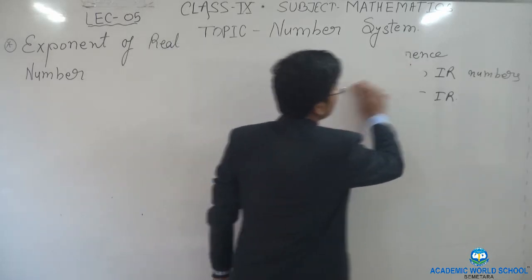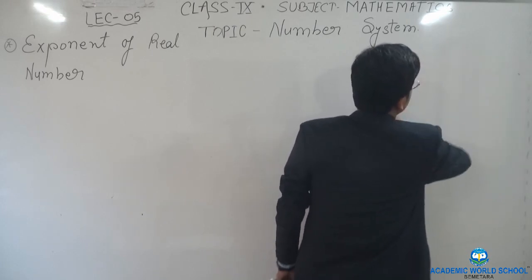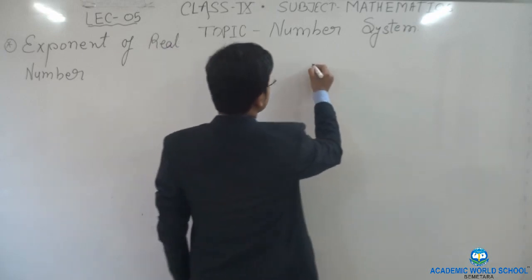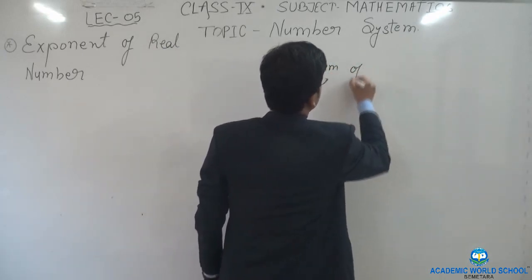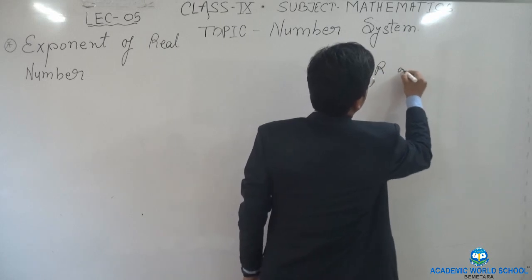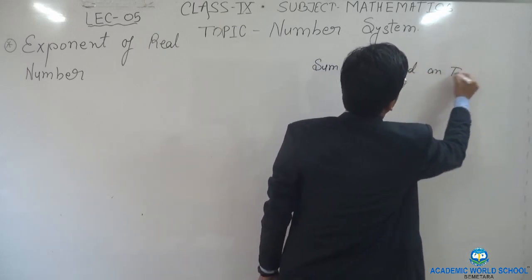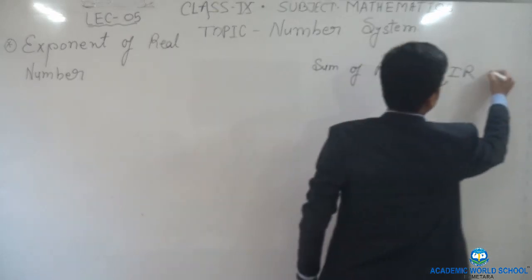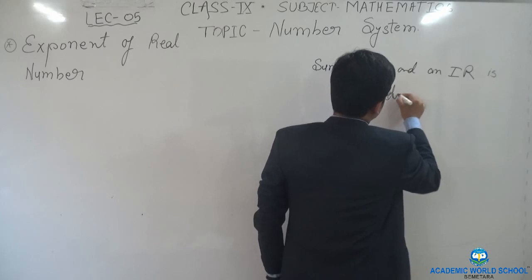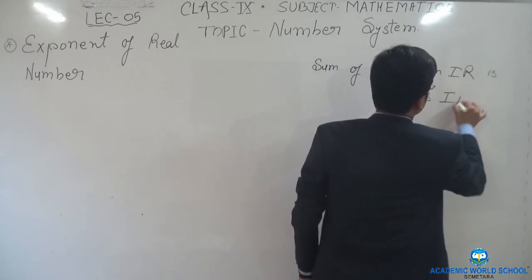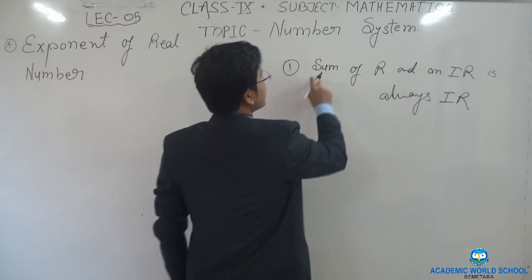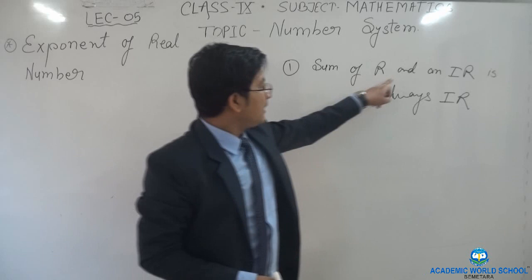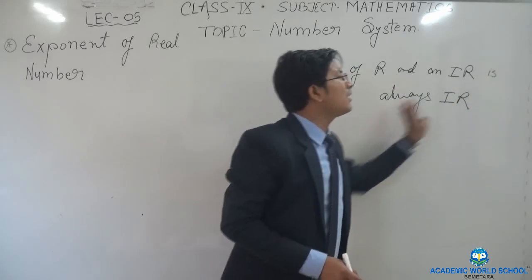sum of a rational and an irrational number is always irrational. Difference of a rational and an irrational number is always irrational.